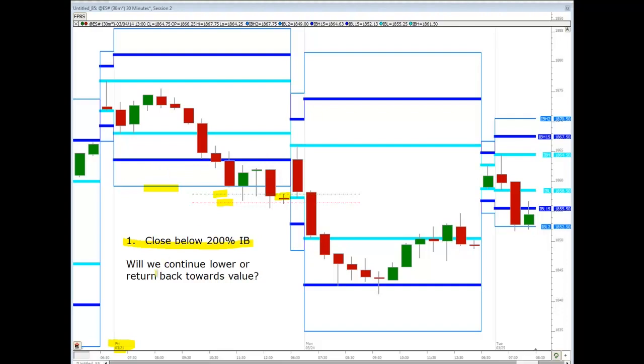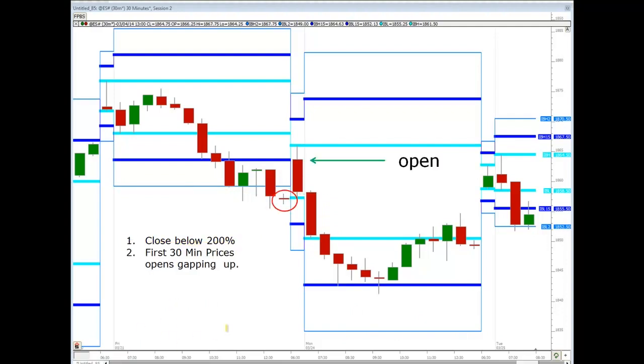So the question then becomes, will we continue lower, or will we return back towards value? And of course you see in front of you what happened. It looks like prices did continue lower, but let's take a look at the actual price development of how things actually progressed in the market.